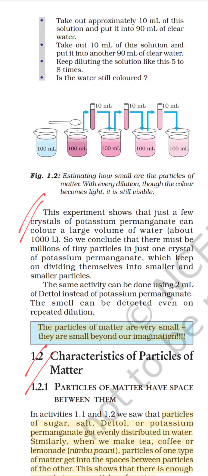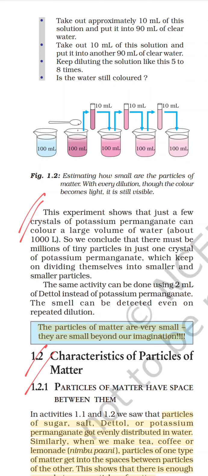Estimating how small the particles of matter are: with every dilution the color becomes lighter, yet it is still visible. This experiment shows that just a few crystals of potassium permanganate can color a large volume of water, about 1000 liters.